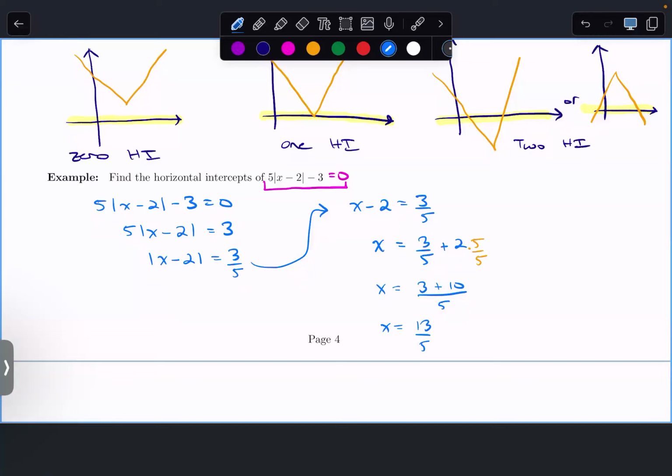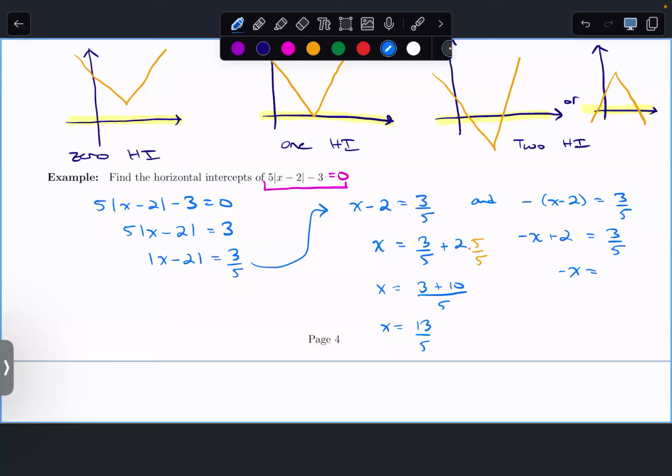I'm pretty sure if you have the engineering calculator, it'll just do your fractions for you, right? You don't have to find the common denominator, but it's a nice skill. And negative x minus 2 has to be 3 over 5 as well. So I get negative x plus 2 must be 3 over 5.